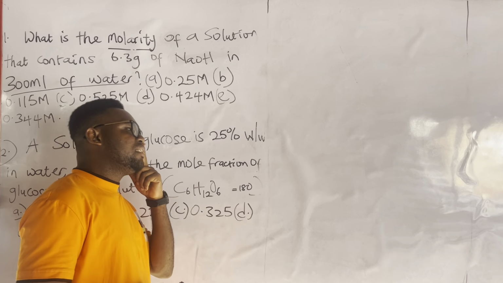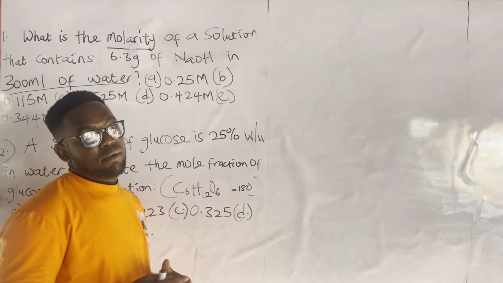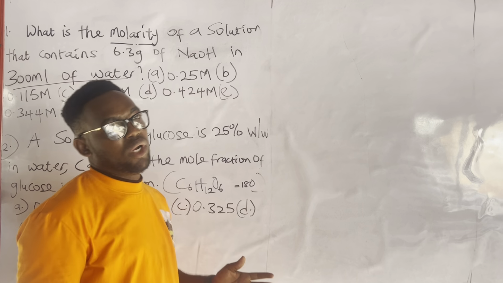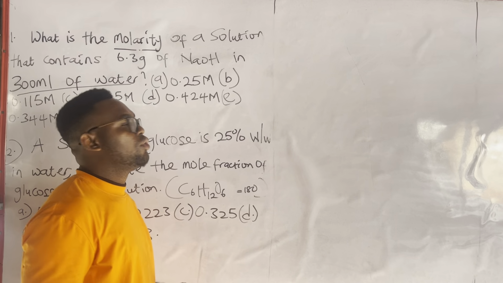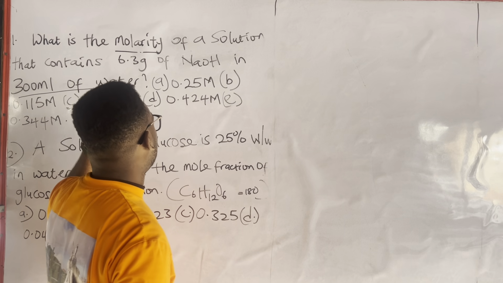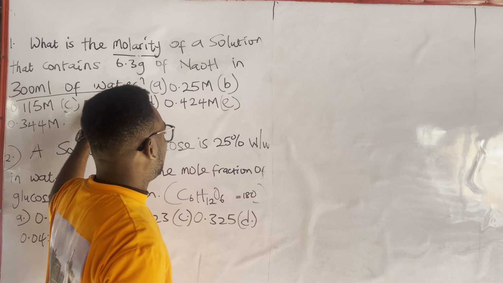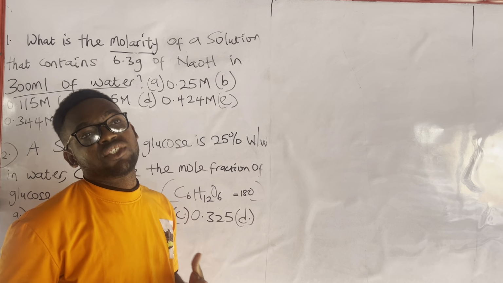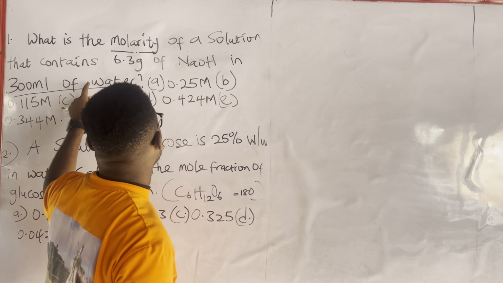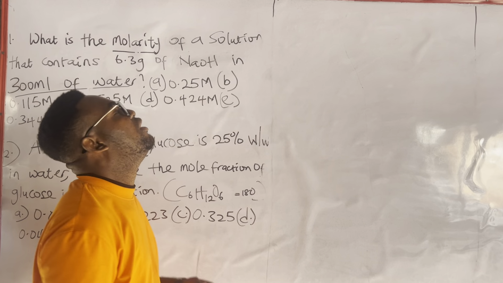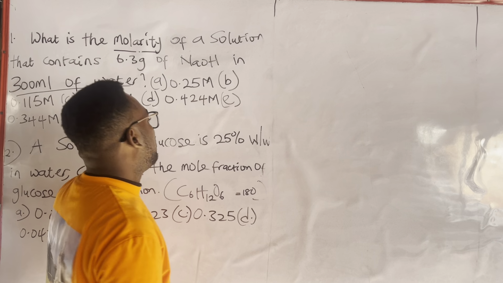And that's why I said I will take the volume in the formula to be the volume in the question. All right? So you have to assume that this volume is the volume of solution. Of course, water is a universal solvent, so it then means that the volume given to us here is the volume of solvent. So we'll just take it to be the volume in the question.